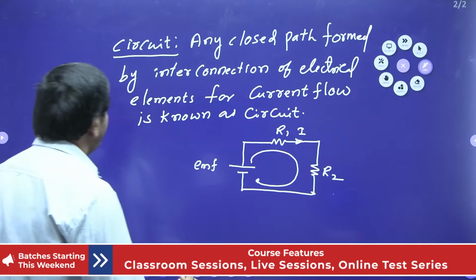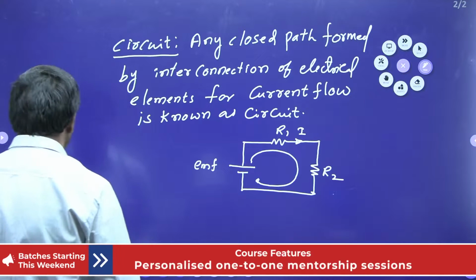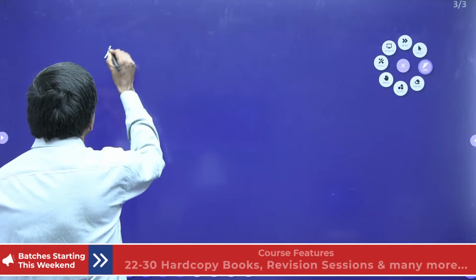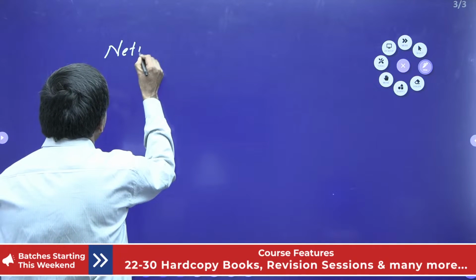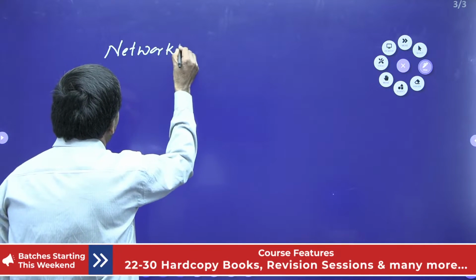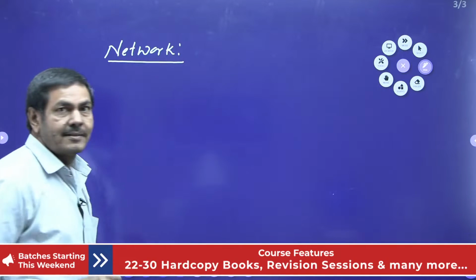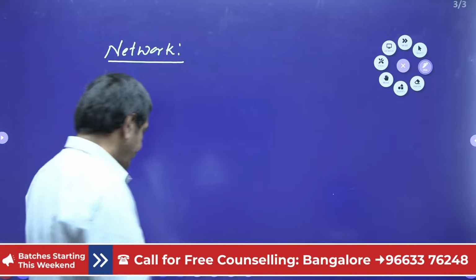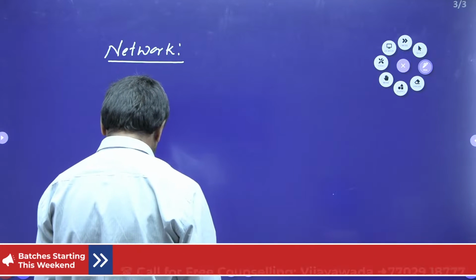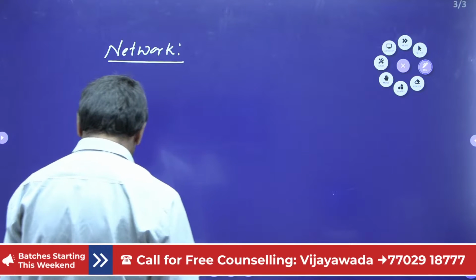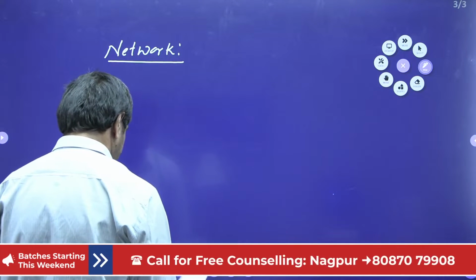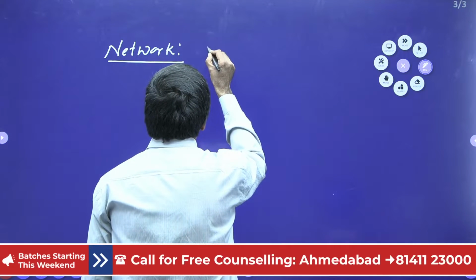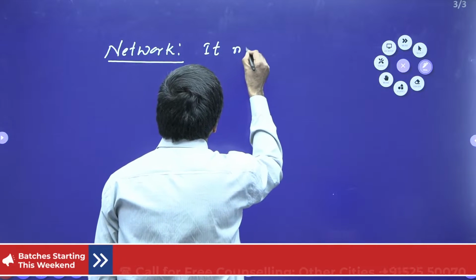Now, let us see how we can define a network. Then you can understand the difference between these two. The network, if you want to define it, you can write like this: it may or may not be a closed path.